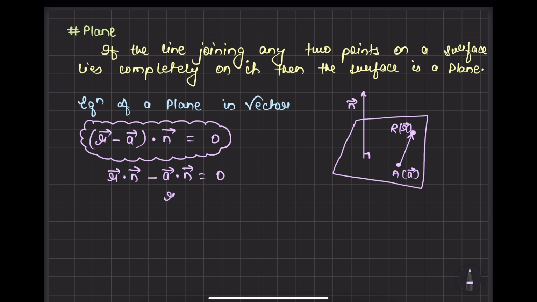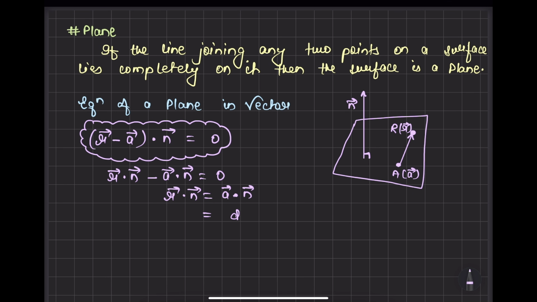So can I write r dot n cap equals a dot n? So this is also the equation of plane in vector form. Now you know that these two things are given vectors. So don't you think if you do the dot product you will get a number?